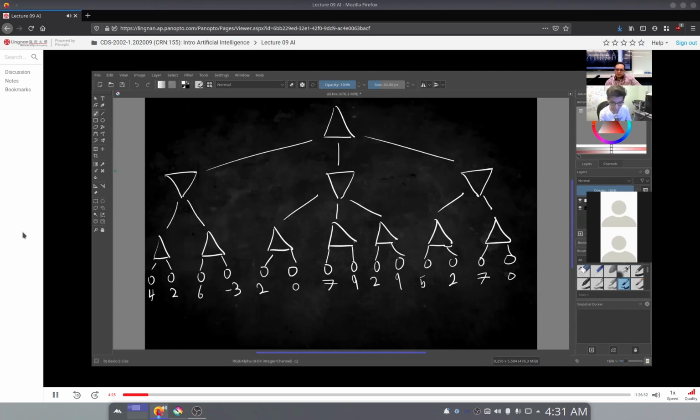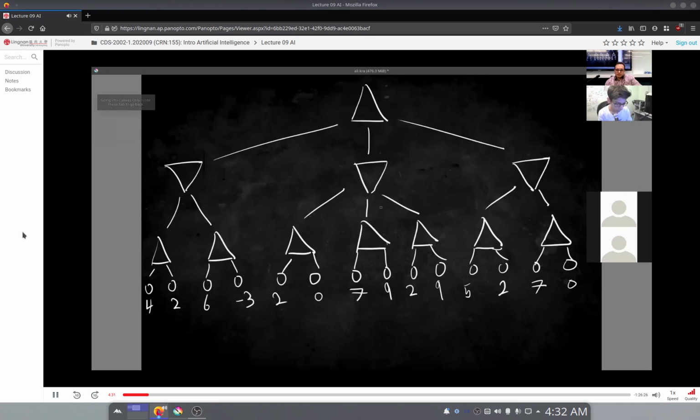So this is an alpha beta algorithm. We have the leaf values 4, 2, 6, -3, 2, 0, 7, 9, 2, 9, 5, 2 and 7, 0. We have alpha, which is max, and beta, which is min, and if alpha is larger than or equal to beta, we prune.